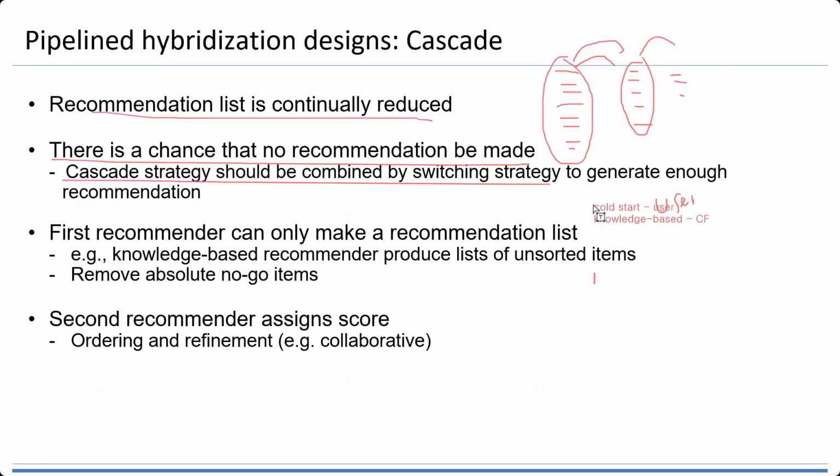If we have the cold start for an item, then we can use content-based filtering and then continue with CF. So we switch the recommendation with different techniques. If the cascade strategy cannot give any recommendation, then we need to switch the strategy.